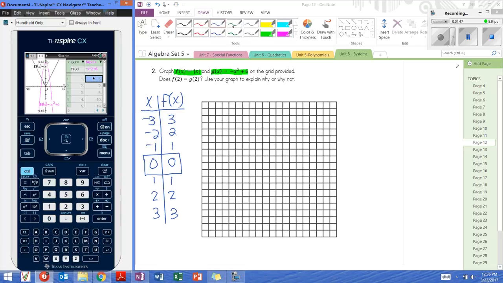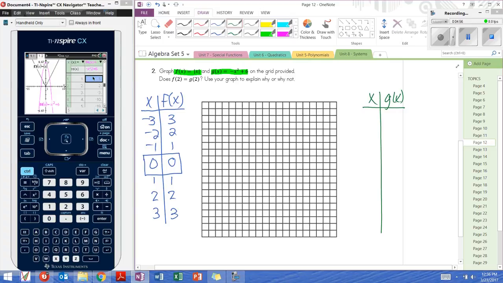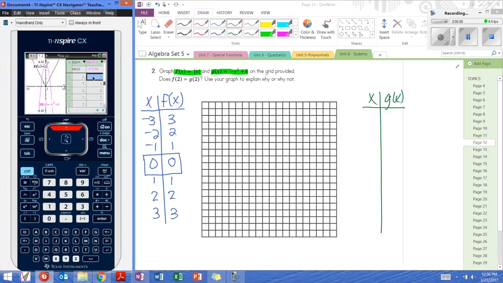And I'll graph the same set of points for g of x that I did for f of x, but if we need to put more on there, that's okay too. So if I want to graph -3, I could probably actually squeeze another one on there.